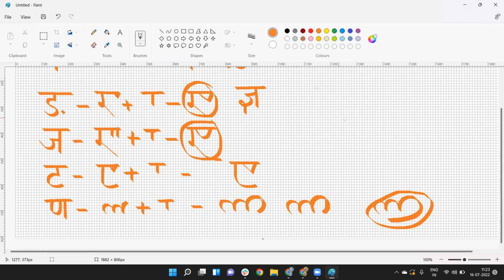Now the last one from this category is Gya. This Ga also has this extension at the end. Then from this extension, we draw this here.